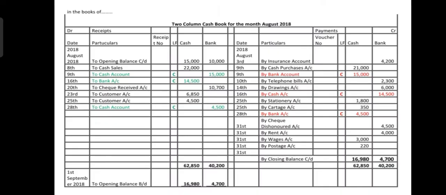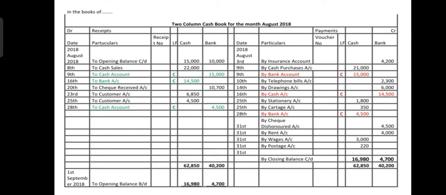It means the bank where we deposited our check is not going to collect the money from the bank on which the check has been written. That we call dishonor. So the check we deposited on the 28th, 4,500 rupees, has been dishonored. That means that amount has not been received, and that amount has not been increased in the bank account. That is the meaning here, so in the 31st entry we need to pass an entry.